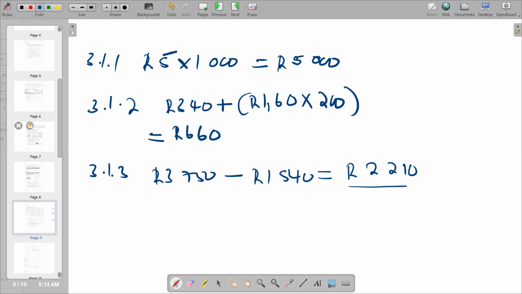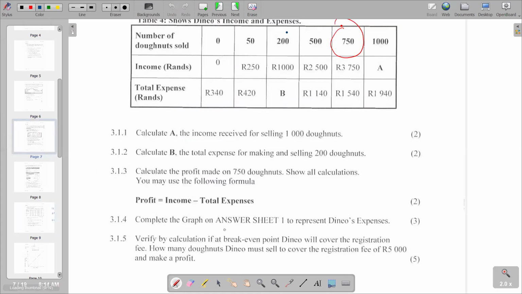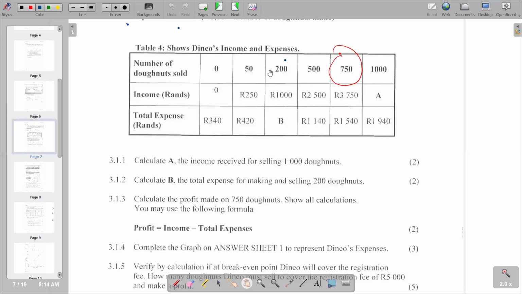So moving on to the next part, it reads, complete the graph on the answer sheet to represent Denios expenses. So remember, in Denios expenses, we can refer to where the expenses are in this row. We are going to match them with the number of donors.